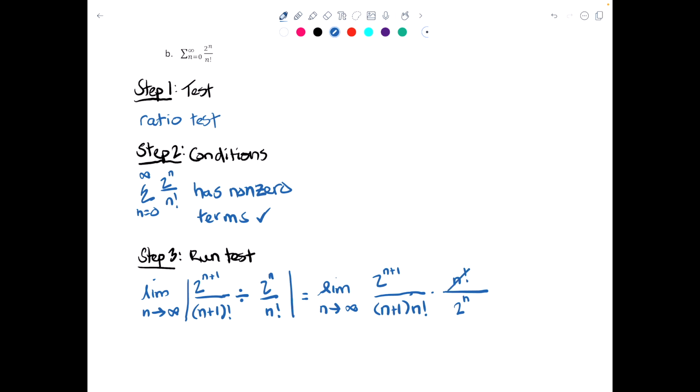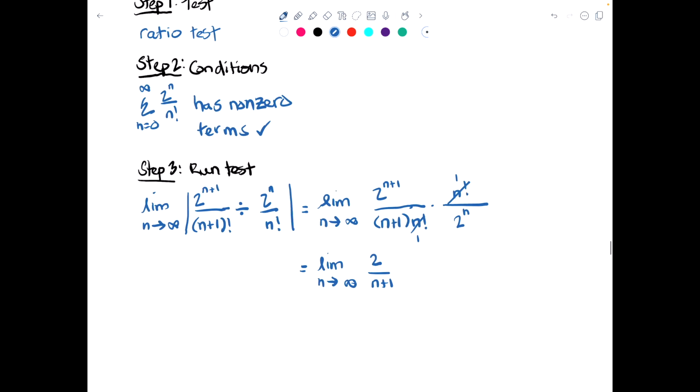So the n factorials divide out to be 1, and remember that 2 to the n plus 1 divided by 2 to the n, when we subtract n from n plus 1, we'll just be left with 2. So we'll have the limit as n approaches infinity of 2 over n plus 1. Well, this limit is equal to 0, which is less than 1.